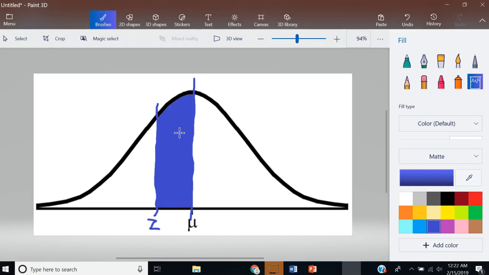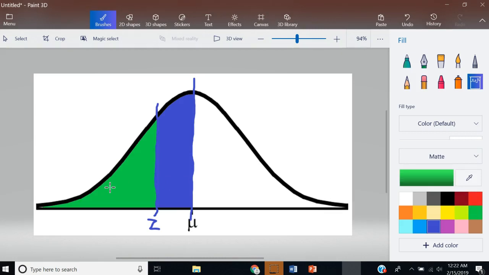is that 0.0233 number. Okay? That is not the area from negative infinity up to z. What is the area from negative infinity up to z? Well, I have shaded it in green here.